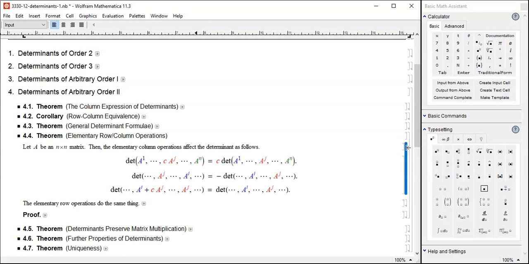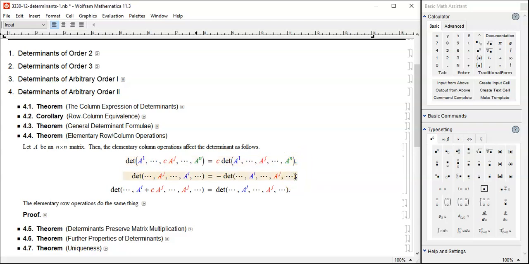Elementary column operations first. If you multiply a certain real number to a certain column, then the determinant is that constant c times the determinant. It follows from the multilinearity. You can take the c out. For each column, you can do that.